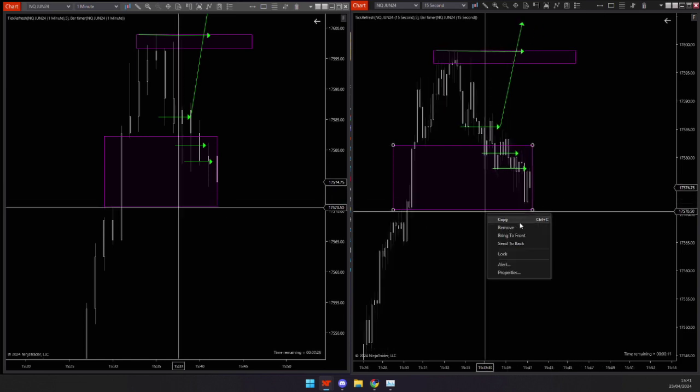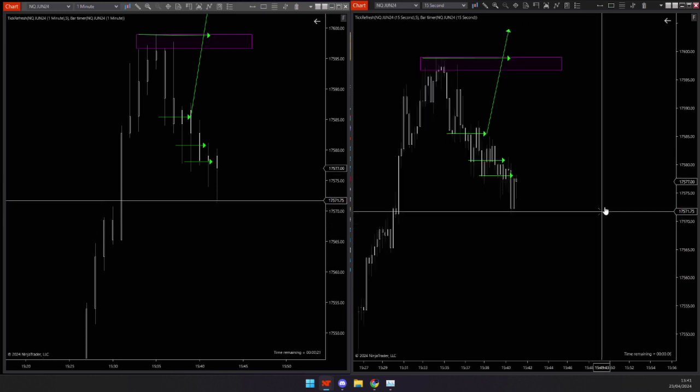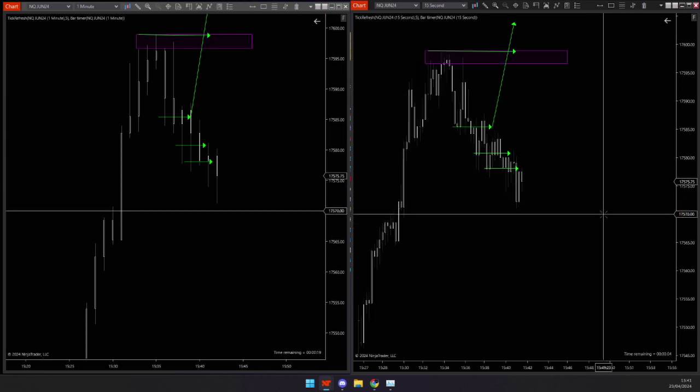Let me remove the zone. About 15 seconds left on this candle.